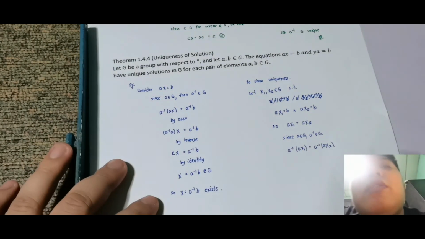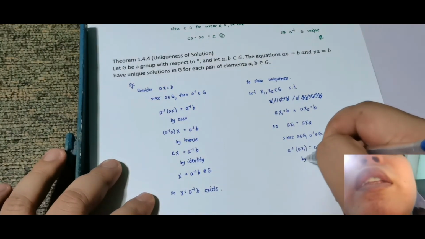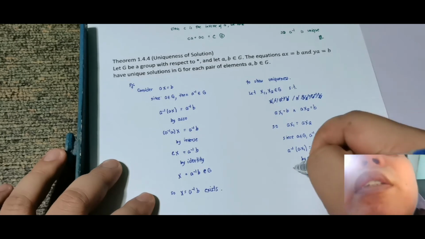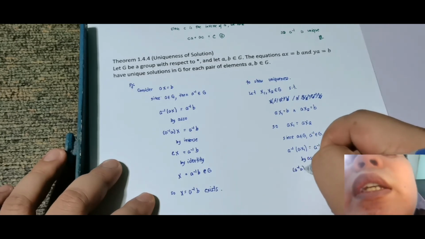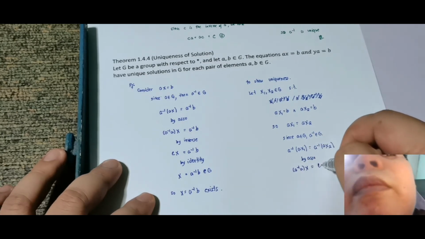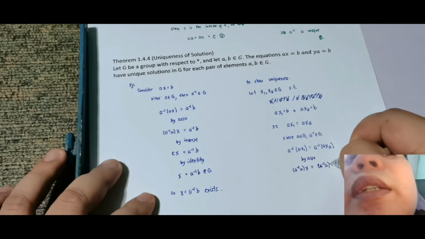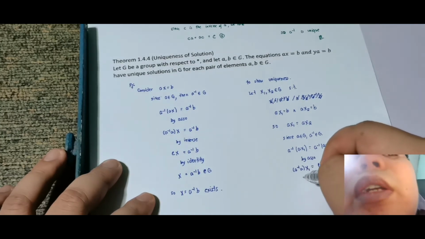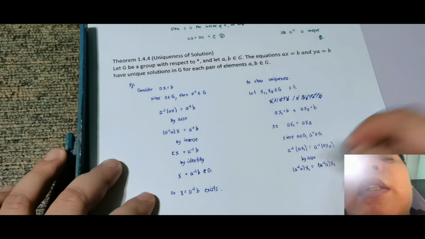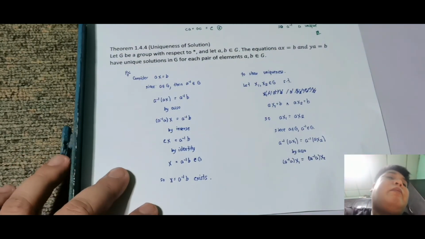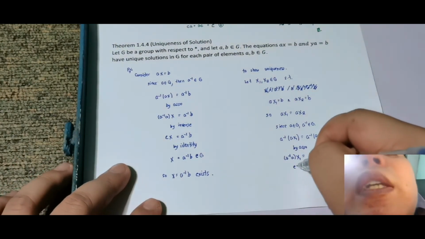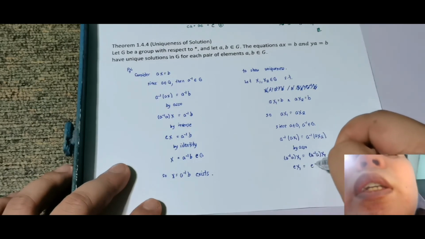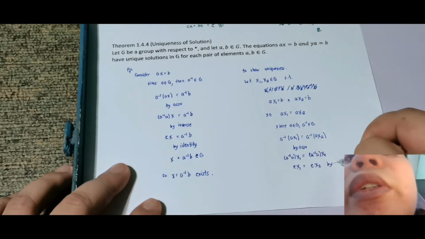Pero syempre, gawin ko na to. So by ASO, we have A inverse A X sub 1 and A inverse A X sub 2. Okay, and by inverse, we have EX sub 1 is equal to EX sub 2.